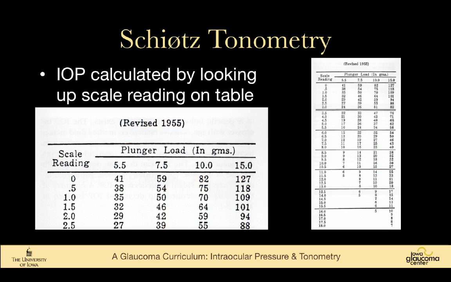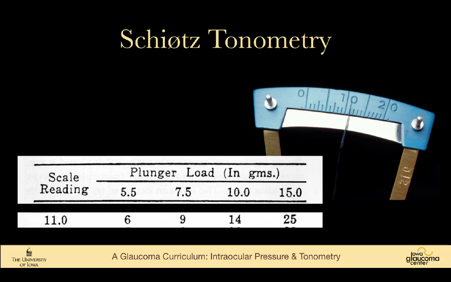So one looks up the scale reading on this table, revised in 1955, to find out what the intraocular pressure is. So the reading on the scale is not the intraocular pressure. This is measuring 11. Using the 5.5 weight, 11 translates to 6 millimeters of mercury. And you can see there that you can use heavier and heavier weights to expand the scale.